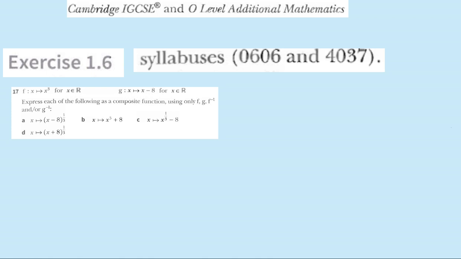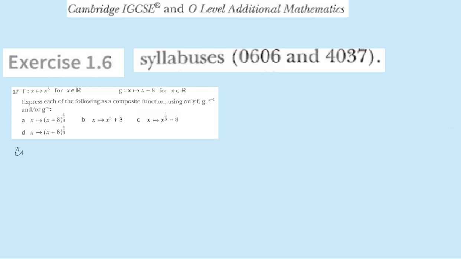Gx is equal to x minus 8 for x belonging to real numbers. Express each of the following as a composite function, that is two functions, using only f, g, f inverse and or g inverse.